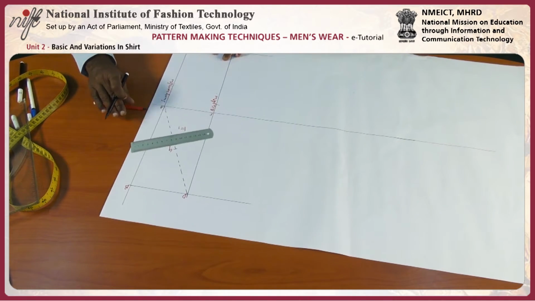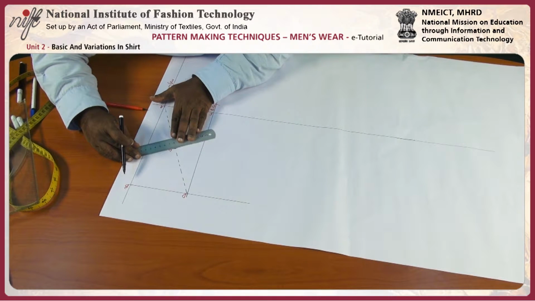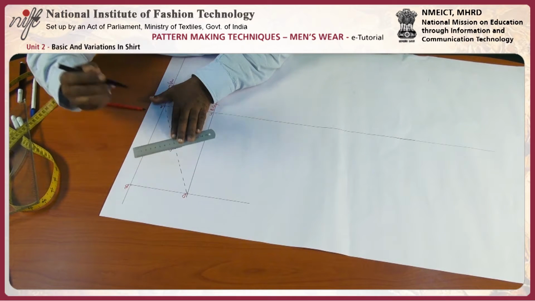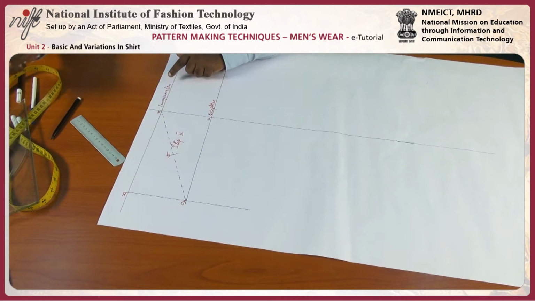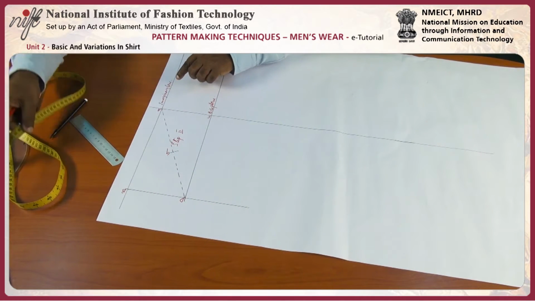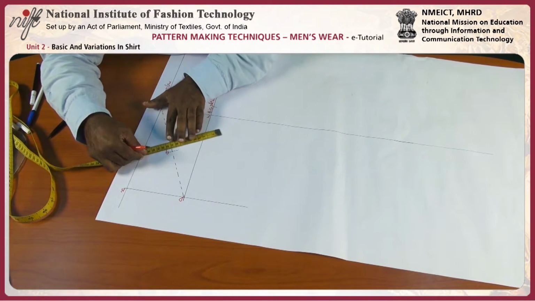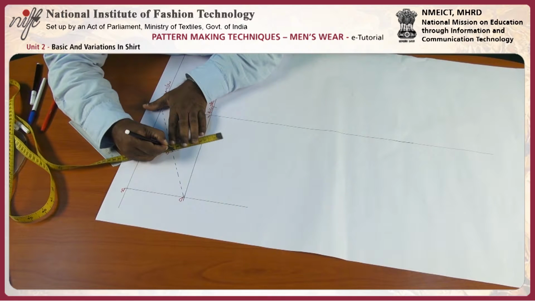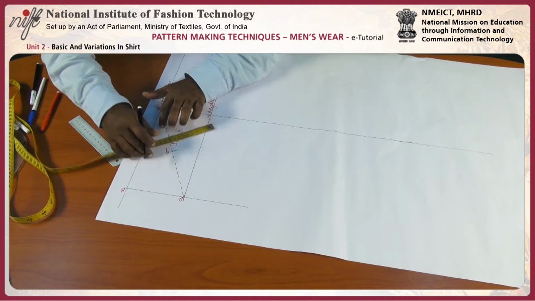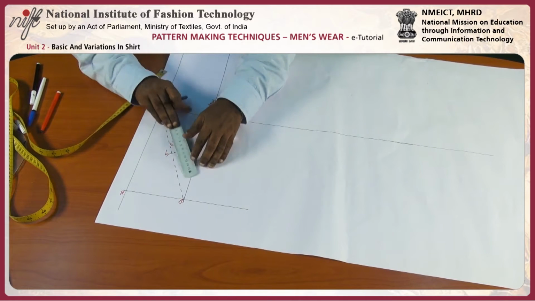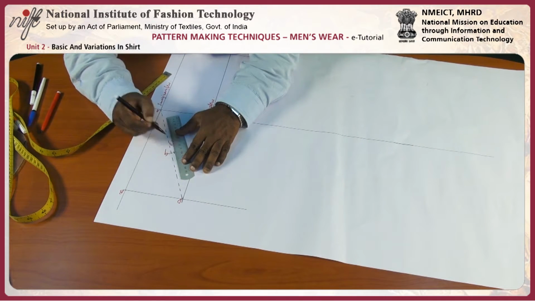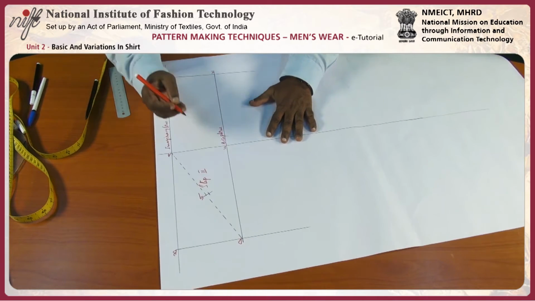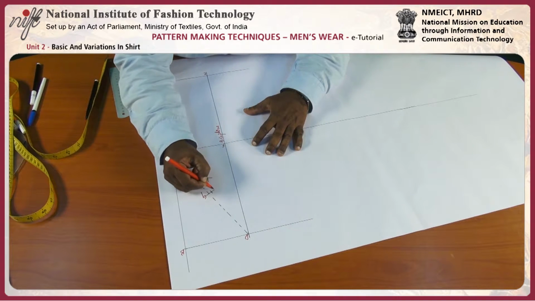See, from G, draw a perpendicular line approximately 1 centimeter, and measure 6 millimeter towards the bicep line. This will be point H.